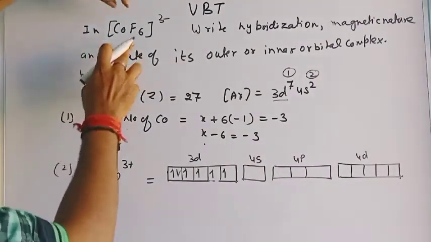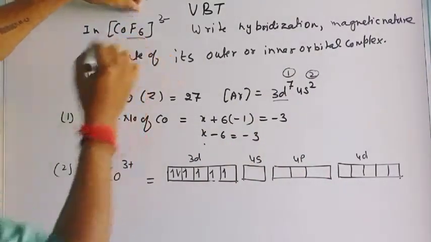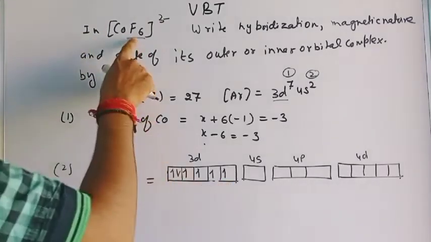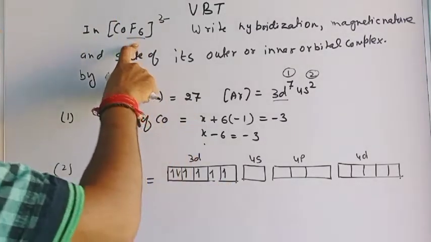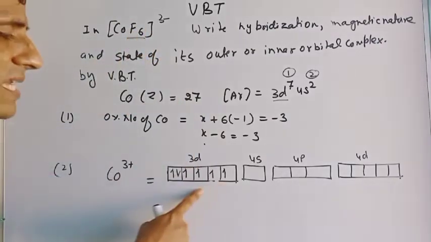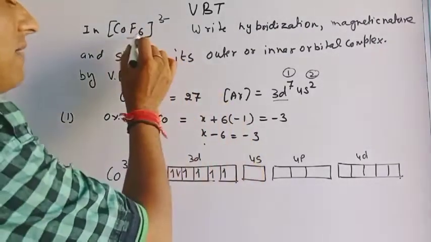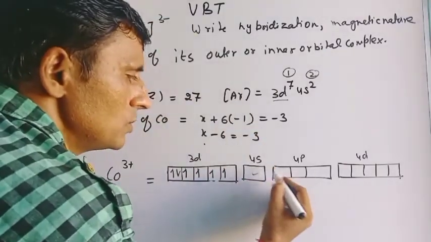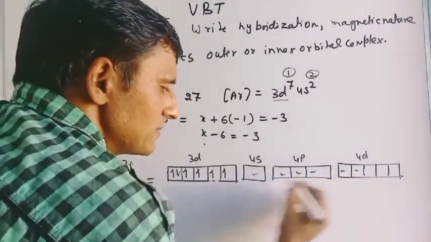Now fluorine is a weak field ligand, so it cannot pair up these electrons. Remember, fluorine is a weak field ligand, so it cannot pair up these electrons. So it requires 6 orbitals from the central metal atom. So 1, 2, 3, 4, 5, 6.